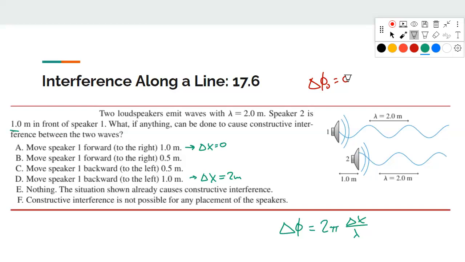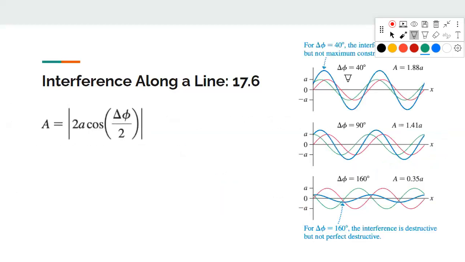When one is high, the other's high. And if it's something in between, then it's a little trickier, but that's actually what we're going to talk about next. So if it's something in between, for any arbitrary phase difference, we can get the amplitude, so the biggest possible combination of the two, with this pretty nice formula.